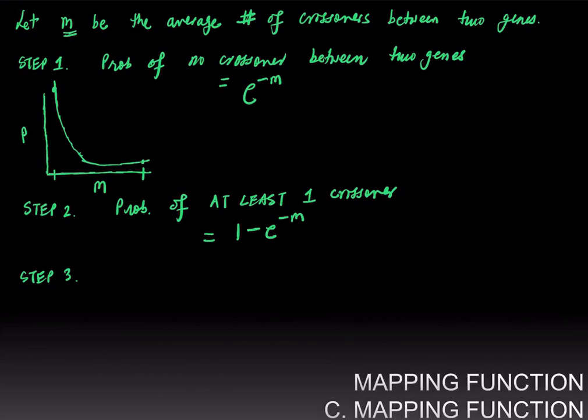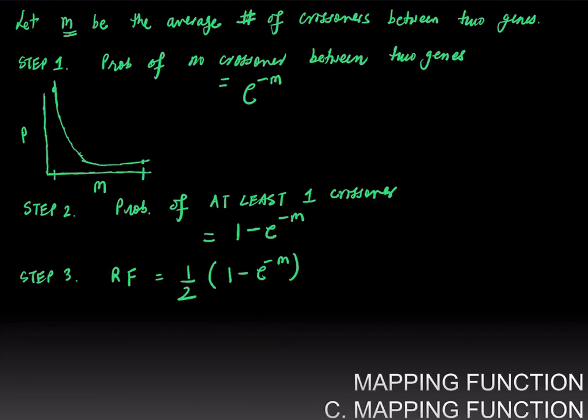And since on average 50% of the gametes are recombinant, the recombinant frequency is going to be 50% of the probability of having at least 1 crossover, and so it's going to be half times 1 minus e to the power minus m. And we can plot this.